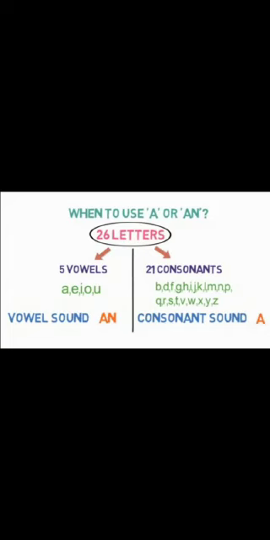So you are aware there are 26 alphabets in English. That is 26 letters. And in those 26 letters, 5 are vowels and 21 are consonants. So which are the 5 vowels?